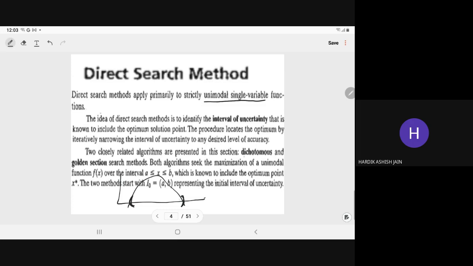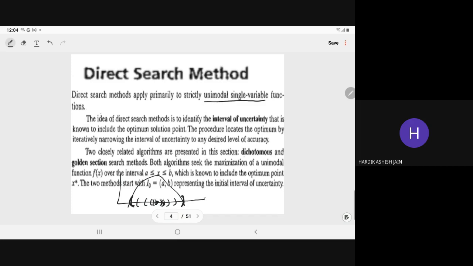In that interval we assume that the point of extremum exists. It may or may not exist, but we assume it does. Iteration by iteration we reduce the size of the interval, and at last we reach near the optimum point. But we always consider that the interval contains the optimum point.